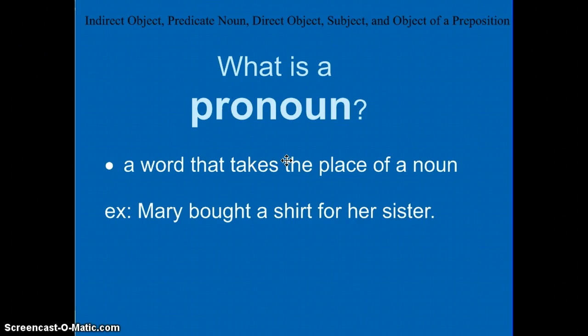The first question it asks you is, what is a pronoun? And a pronoun is a word that takes the place of a noun. And my example to you was, if I was writing something about what happened last night with my children, and I said, Mrs. Culleton bought Mrs. Culleton's children their favorite video game.